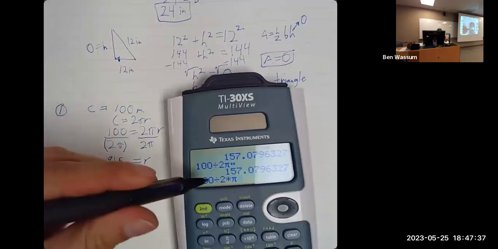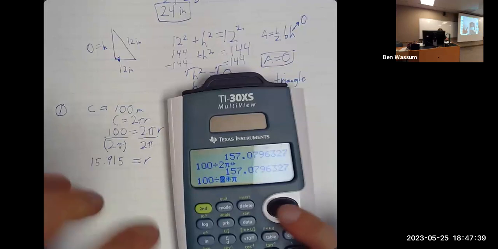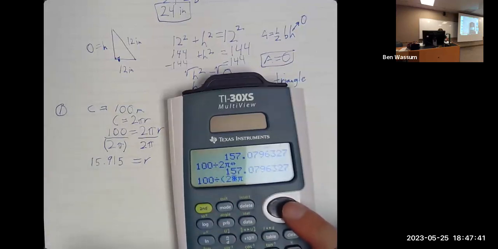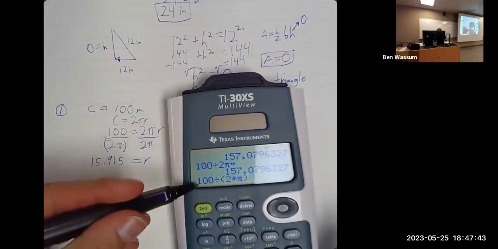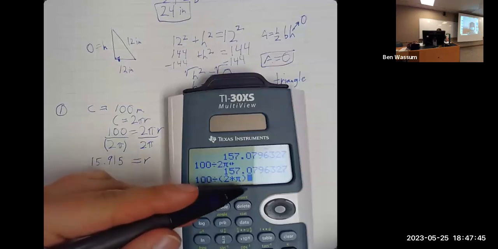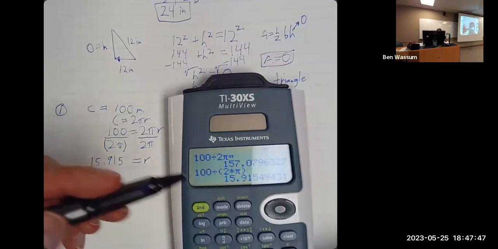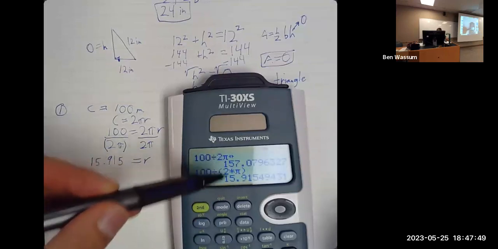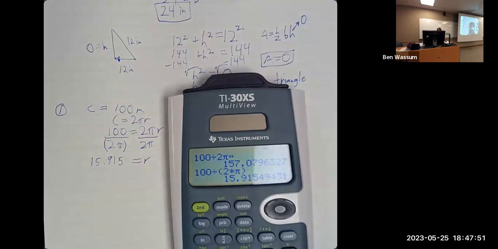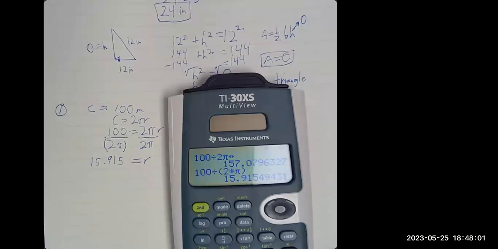Because if I put parentheses on this, the calculator sees this as 100 divided by that whole thing. That's why we have that difference in our numbers here. If you don't put the parentheses, it's going to apply it incorrectly. So we have to use the parentheses.